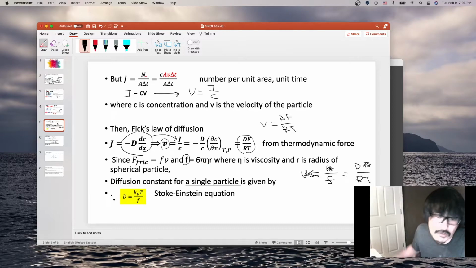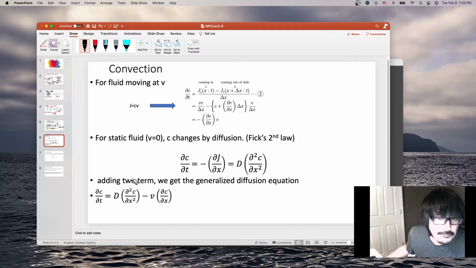That's called the Stokes-Einstein equation. I don't remember exactly how it's called, maybe I shouldn't say that one. You can actually Google it. So that's probably good enough for the diffusion portion.